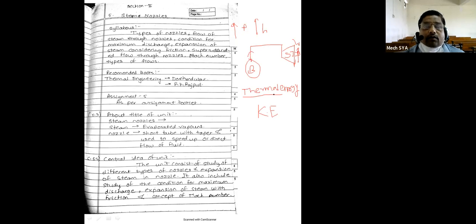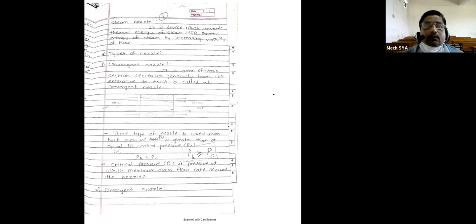That element of the steam turbine is called the steam nozzle. Everybody note down: steam nozzle is a device which converts thermal energy of steam into kinetic energy of steam by increasing velocity of flow. Kinetic energy is defined as 1/2 mv square.